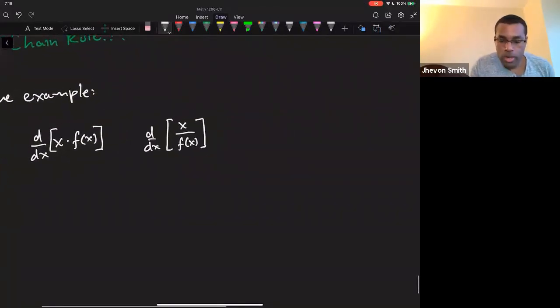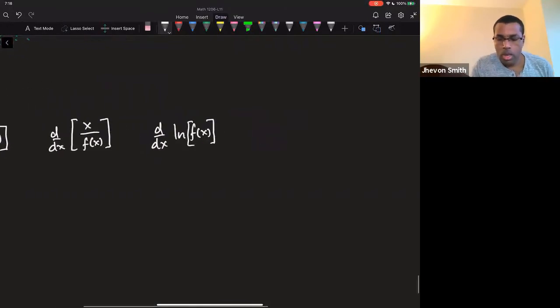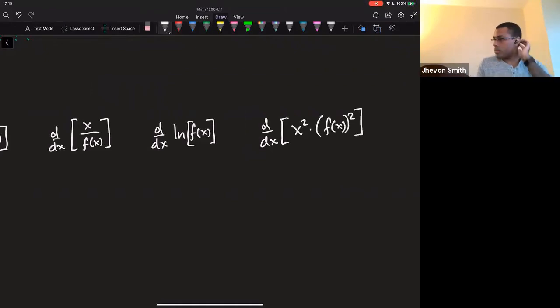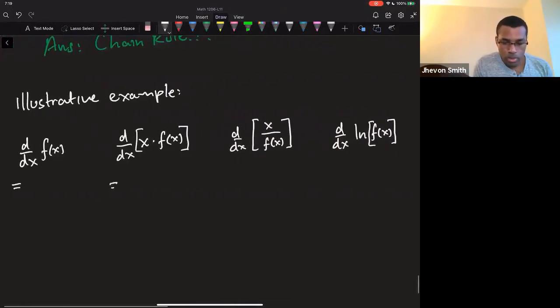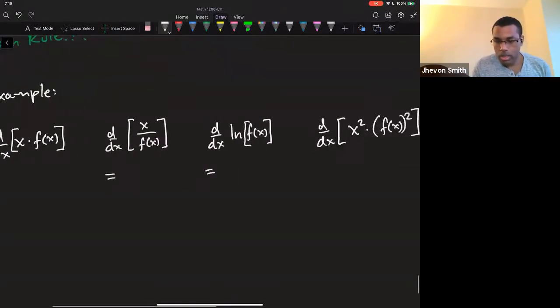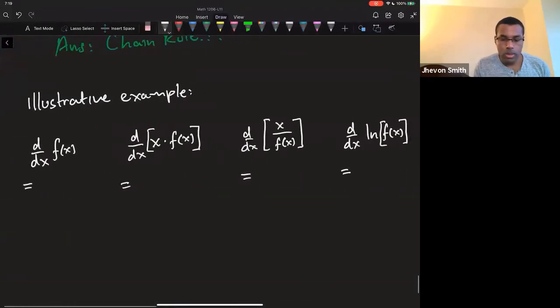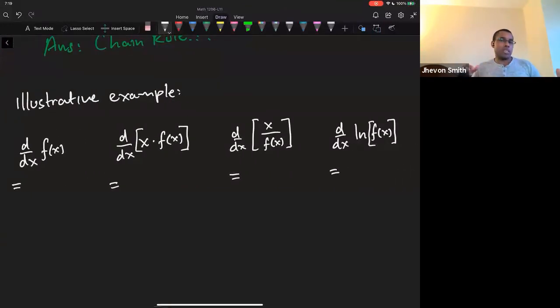Or I wanted to differentiate ln of some function. Or I wanted to differentiate, say, x squared times some function squared, right? So let's go through all of these. And then I'm going to make a comparison at the end.